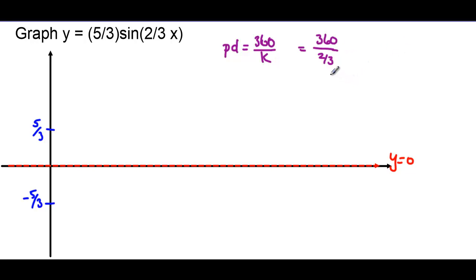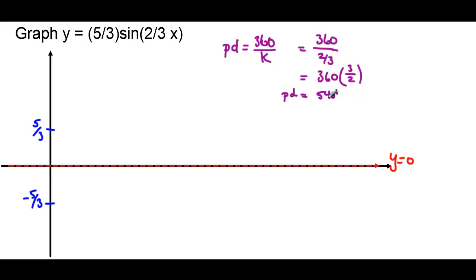Knowing our rules for fractions, when we divide by a fraction, it's the same as multiplying by the reciprocal of that fraction. So 360 times 3/2, and 360 times 3/2 is 540. So one cycle is going to last 540 degrees, which is the period.